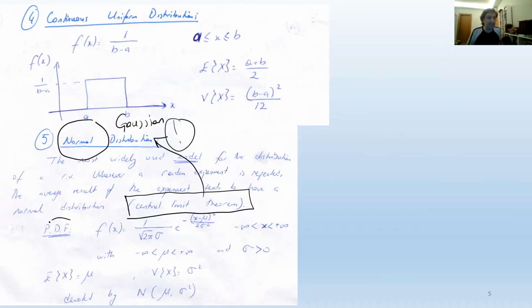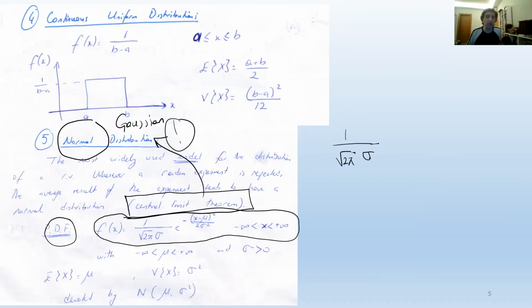The probability density function of the Gaussian distribution, however, is probably the most complicated one that you have seen up to this point. Let's take it term by term. The square root of 2 pi is actually a constant, no big deal. Here we have something called sigma.